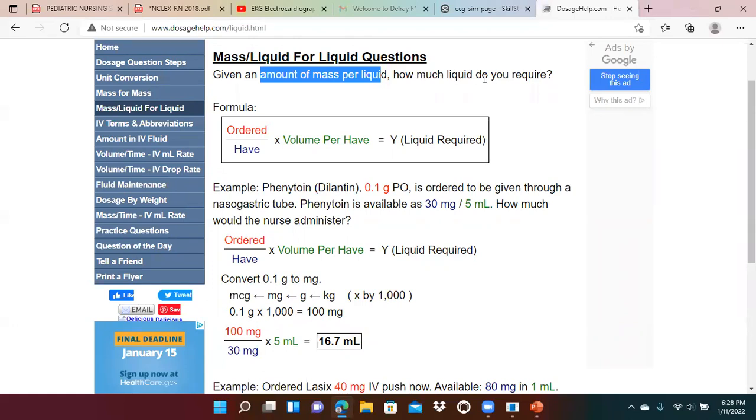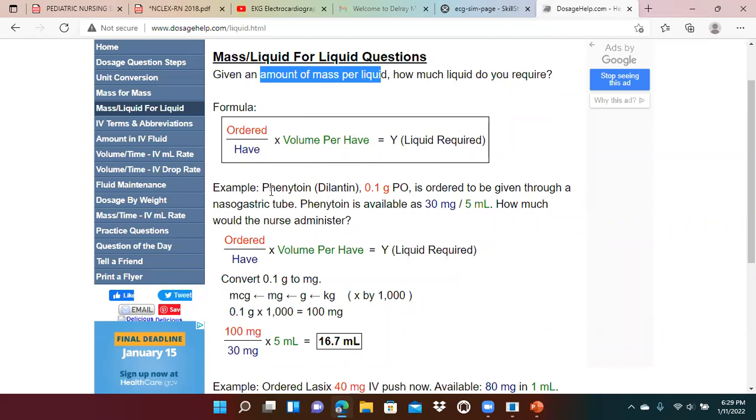We actually call these volume formulas. So required medication in liquid equals the doctor's order divided by the medication in hand or available, multiplied by the volume per have.